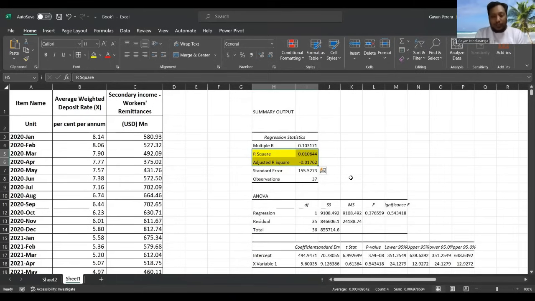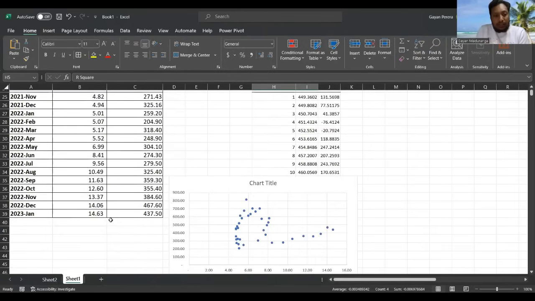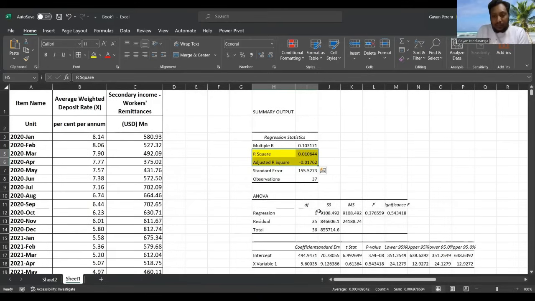So if someone assumed that based on the country's interest rate, people outside the country are sending more money to the country, that result is not valid based on this result. So that means people sending money to the country is not based on the country's interest rate. That is what this output suggests.